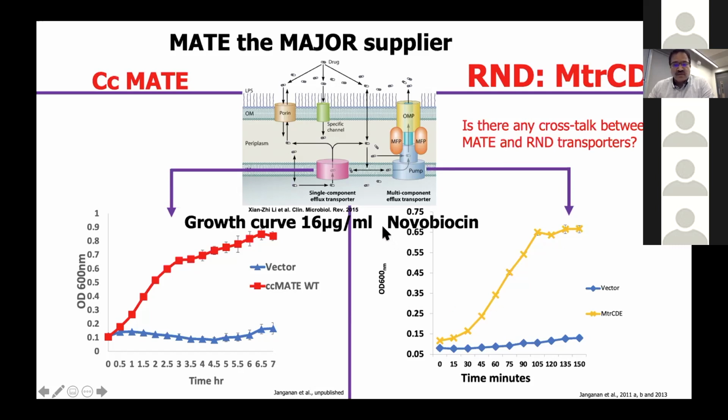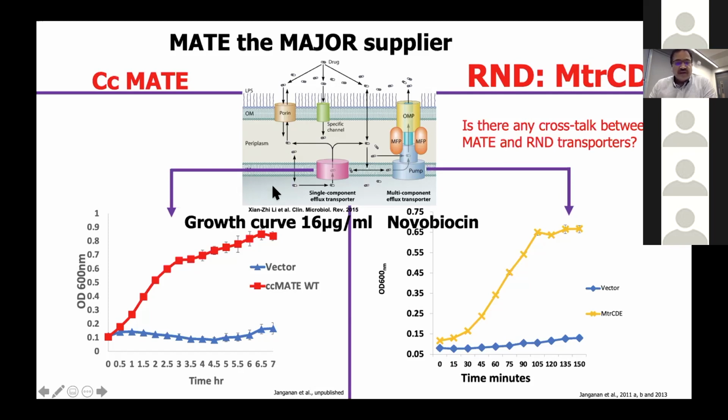The drug molecule we used for this growth curve data is novobiocin, which is a cytoplasmic drug. By looking at the relative intensity of the growth in the presence of the drug, one can tell how efficiently these drug molecules are actually transported out of the cell.